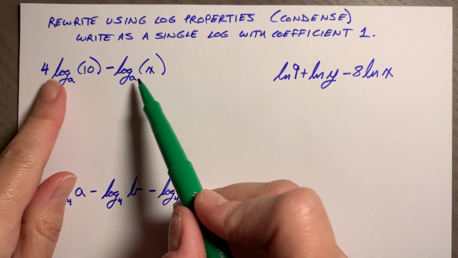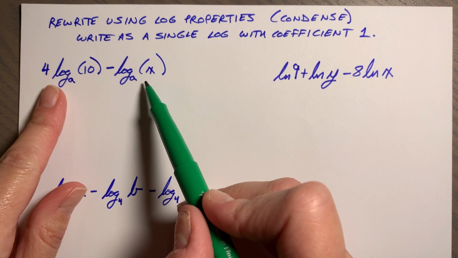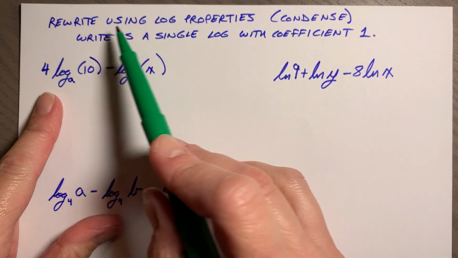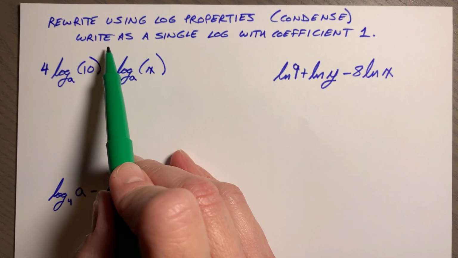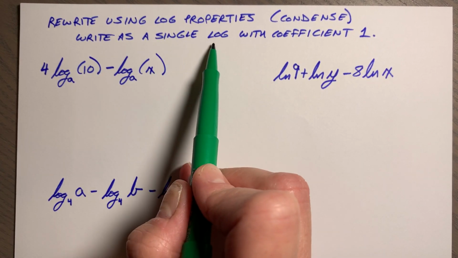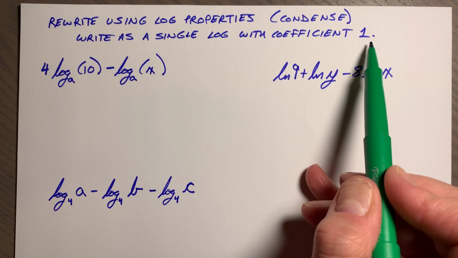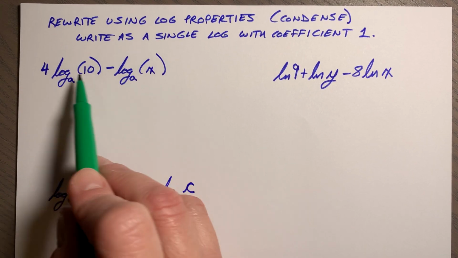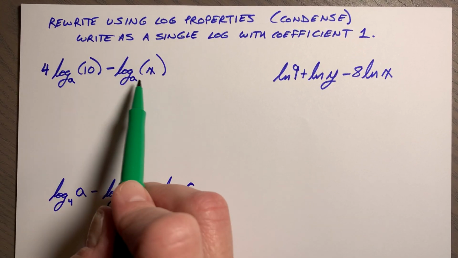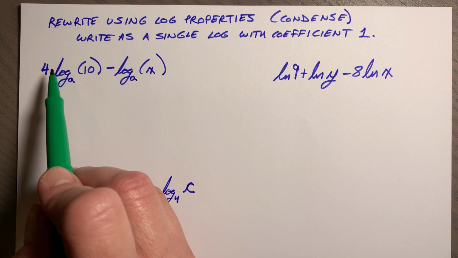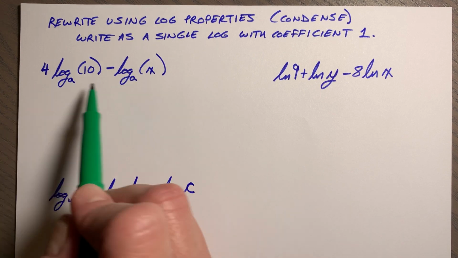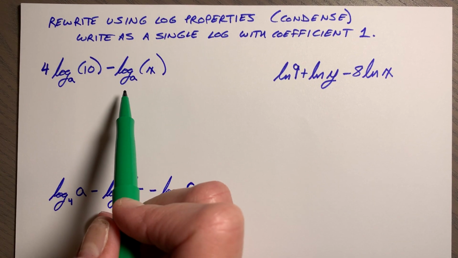If you see more than one log expression, then we're going to consider the rewriting as a condensing. And you'll also see the directions: we want to write this as a single log with coefficient 1. So for example, right now, I have 2 separate logs. This is not a single log. And looking right here, this is not a coefficient of 1. So I'm not done with this expression here.